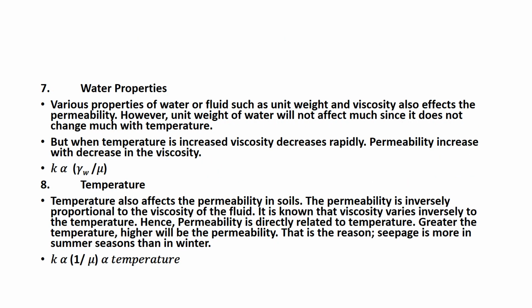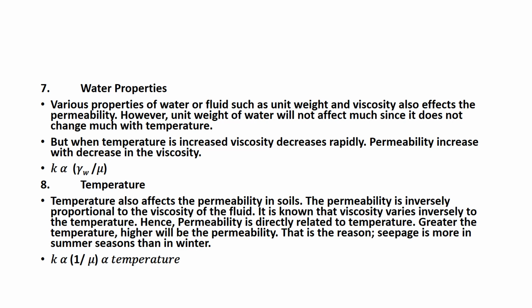Then water properties: if the water is viscous, then it will have less permeability. As temperature increases, viscosity decreases, and permeability increases with decrease in viscosity. So if viscosity is less, permeability will be high. So it is inversely proportional. It means permeability K will be proportional to 1 upon mu.